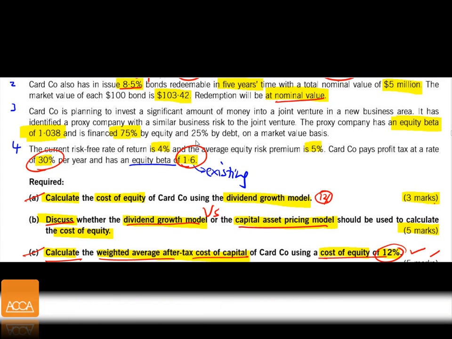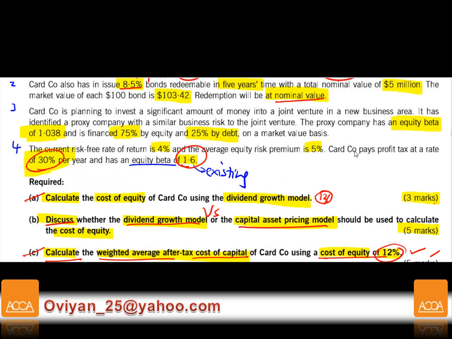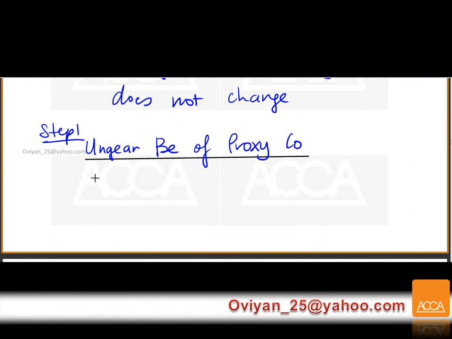Their equity is 75 proportion. The debt is 25 proportion. And assuming that business also pays a tax of 30%. Same country, most of the time it is, because here the examiner only said the card company pays profits tax of 30%, so that company also pays a tax of 30%.